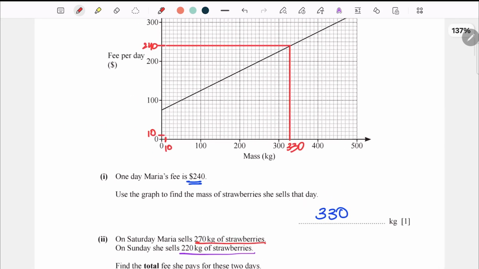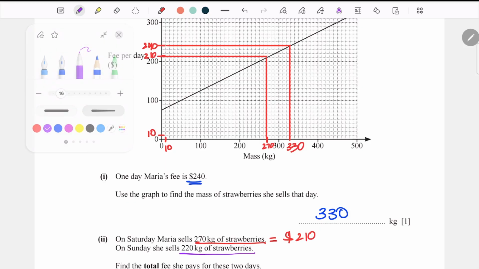270 kilograms. 270 will be, this is 250, 260, 270. And on the y-axis, this is correlating to 210. So the price of 270 kilograms is $210.